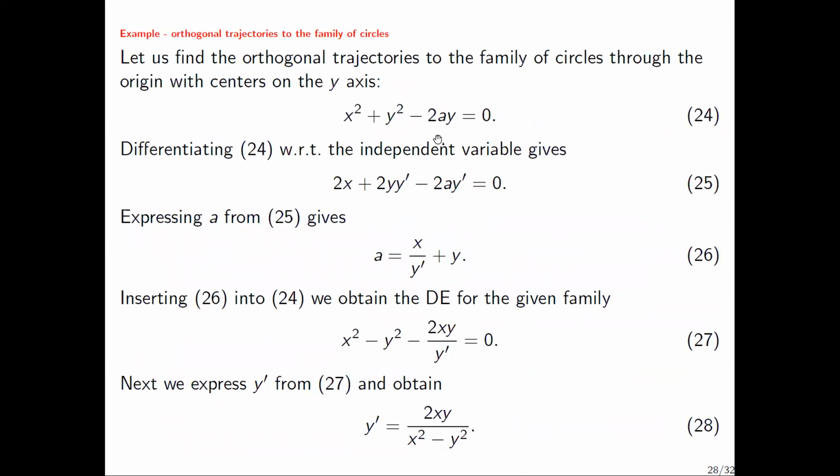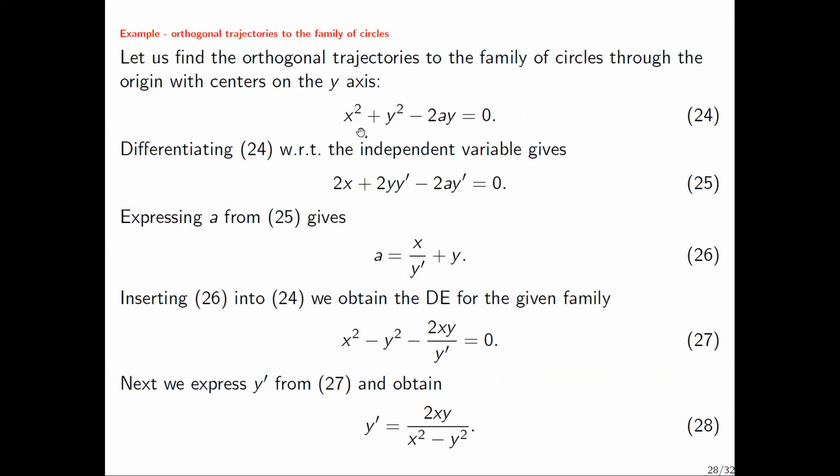So for example, if you have a family of circles going through the origin and with centers on the y-axis, they're just the solutions of this equation: x squared plus y squared minus 2ay equals 0.